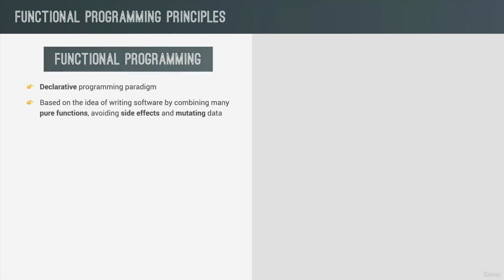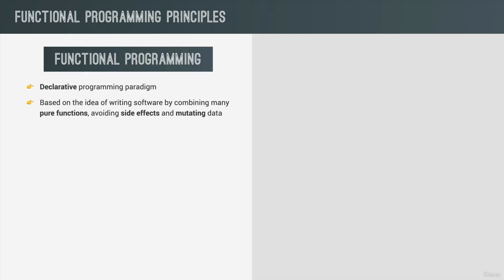And functional programming is basically a declarative paradigm which is based on the idea of writing software simply by combining multiple so-called pure functions while avoiding side effects and mutating data. And actually, functional programming and writing declarative code has now basically become the modern way of writing code in the JavaScript world. So you will see declarative and functional code everywhere.